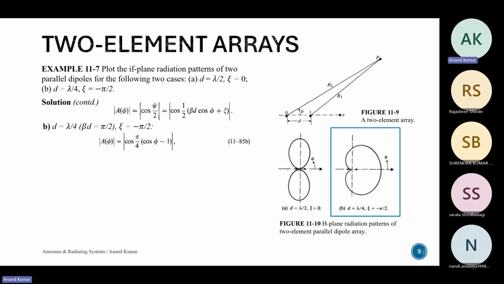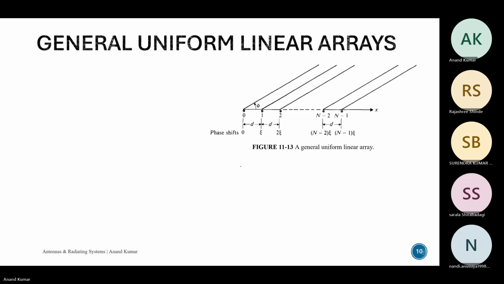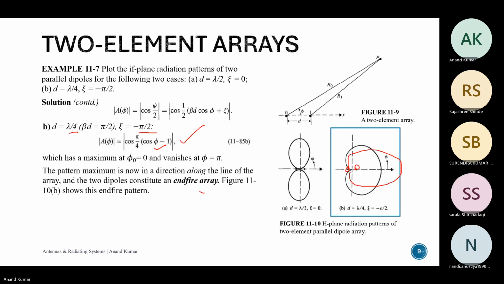Similarly, if we solve it for lambda by 4 and minus pi by 2, this is the array factor, and if we plot this expression, we end up with something like this. Over here, the elements are over here, and the radiation maximizes in this direction, towards the end of the array. So this is known as the end fire array. So these are the two configurations.